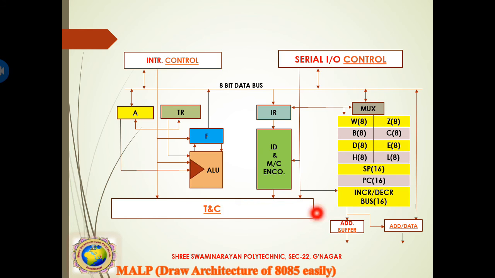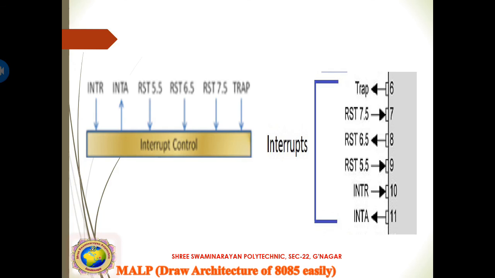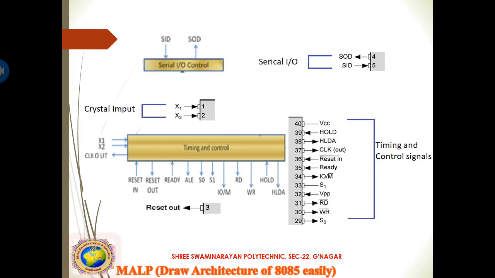These 40 pins are connected to all the peripheral devices. I have not drawn that here, but there is a pin diagram. In all these 40 pins, I just missed one pin. You just identify which pin I have not mentioned here, other than 1, 2, 3. You can find it.